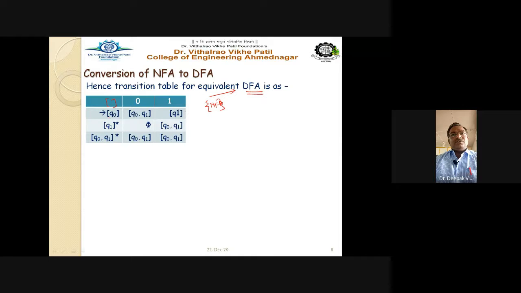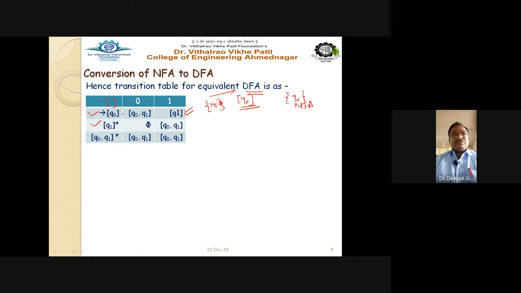It is not a rule, but just a thumb rule, for our understanding and convenience. If a state is written like this, we can call it a state in a DFA. But if the state Q0 is written like this, it is in an NFA. Getting this point? So Q0 and Q1, these two rows are the same as in the given NFA. There will be no change.